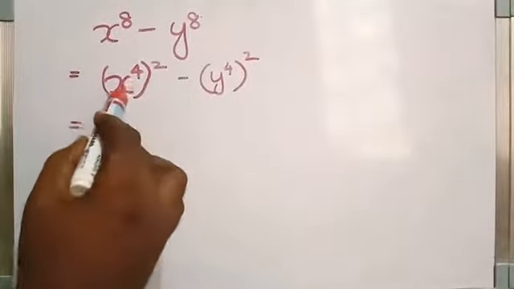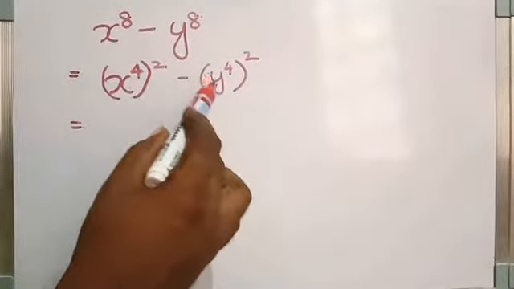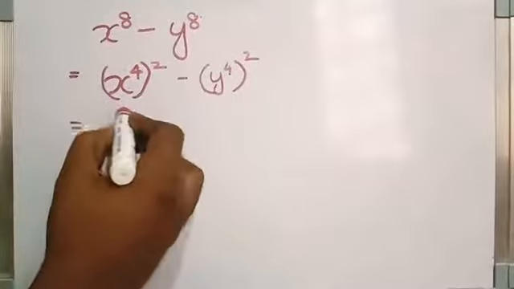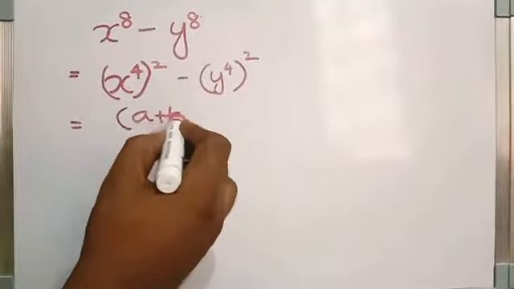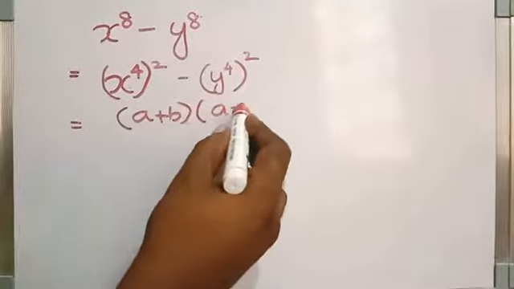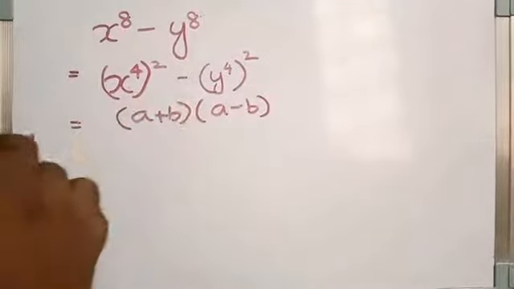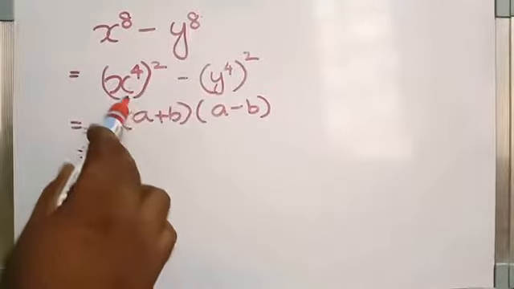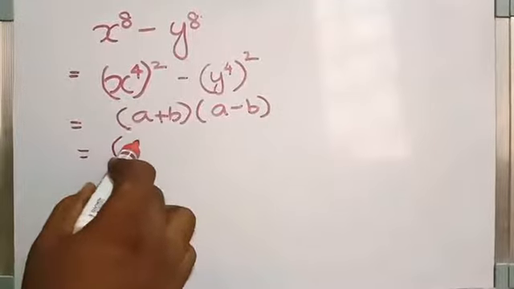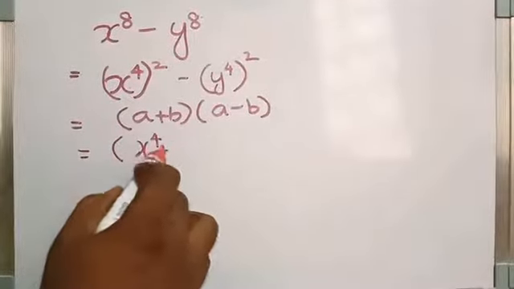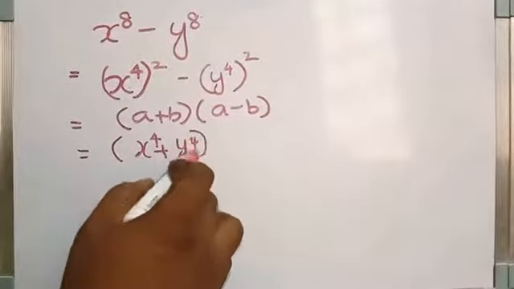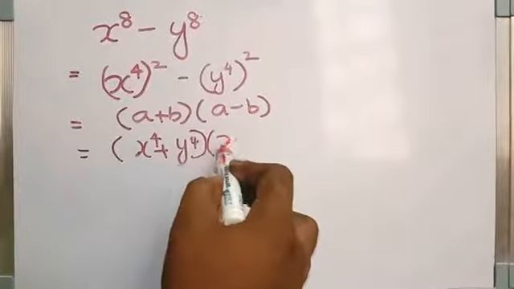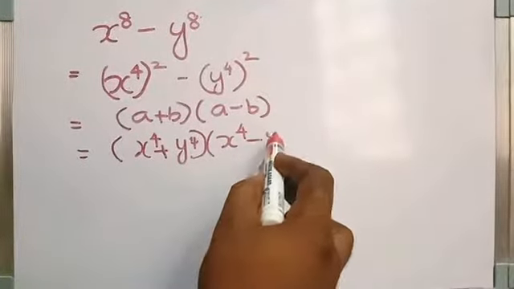So it looks like a squared minus b squared. You know that is a plus b into a minus b, where a is x raised to 4. So we get x raised to 4 plus y raised to 4 into x raised to 4 minus y raised to 4.